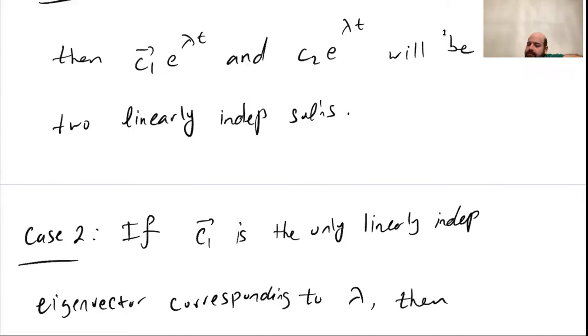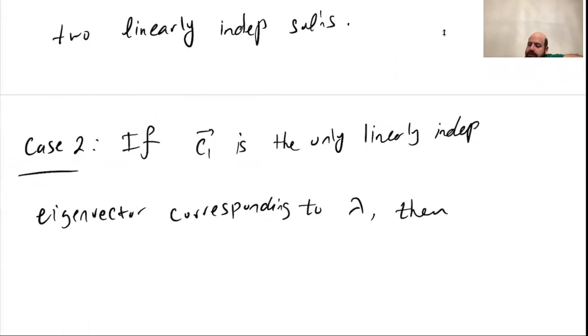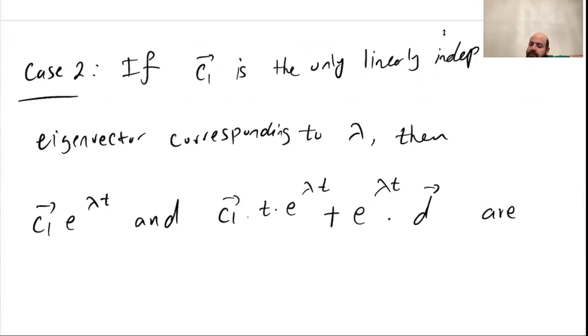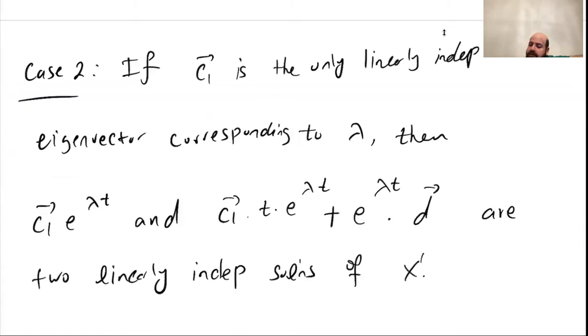Then C1 e to power lambda t and C1 t e to power lambda t plus e to power lambda t times d are 2 linearly independent solutions of x prime equals Ax.